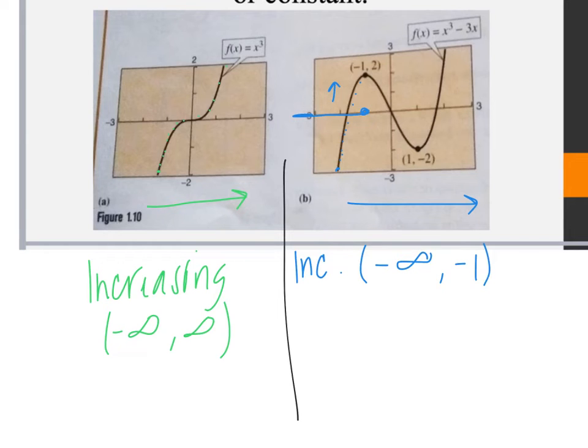Then I began to decrease. My line started going down, right? So I decreased from -1 to +1. So again, from this point here to here, my graph was going down.